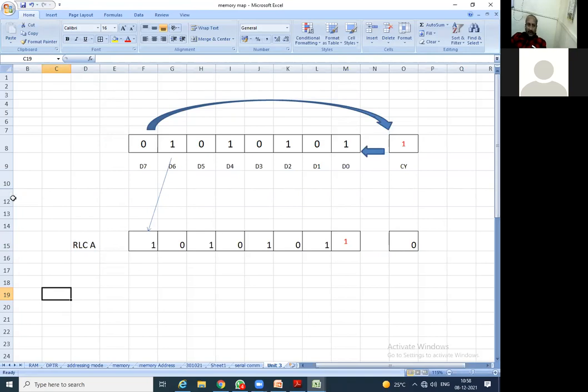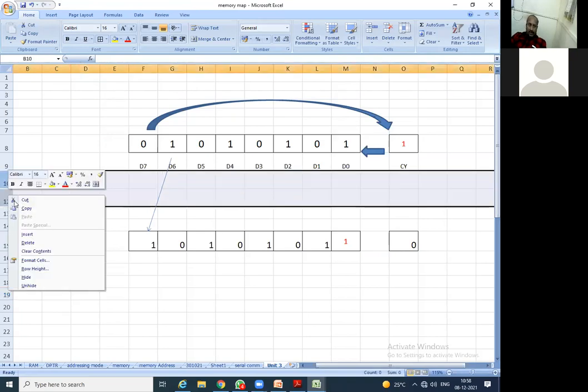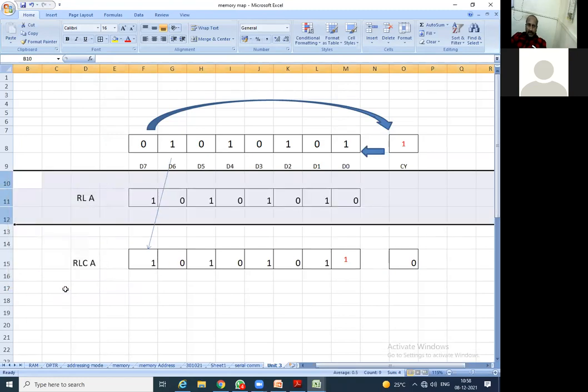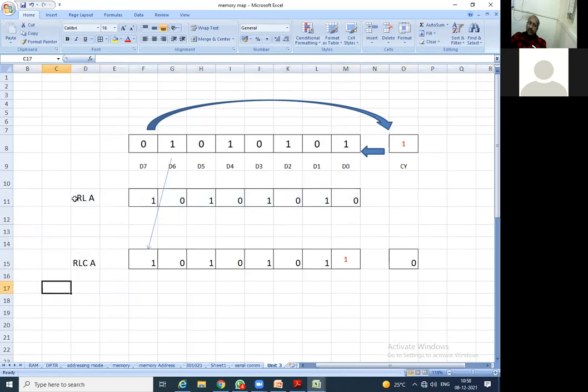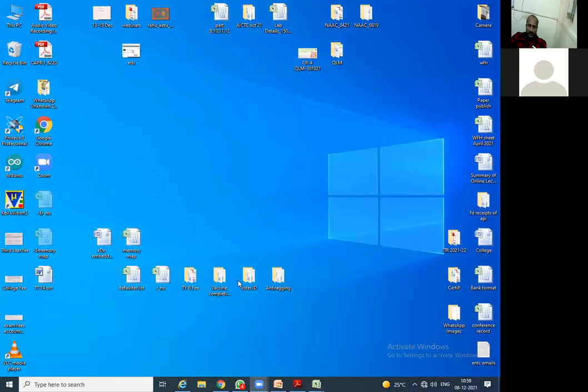As you have compared with the earlier one, I will unhide that. This is what the RLA output is. RLCA output is this one. In this manner, the rotate left is going to work, and similarly the rotate right instruction is also there, which stands for RR.